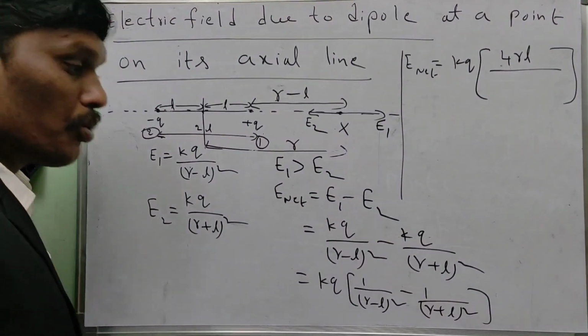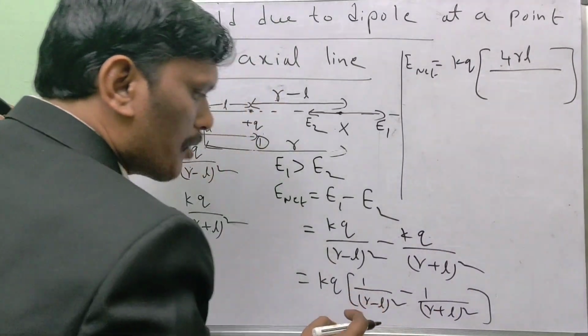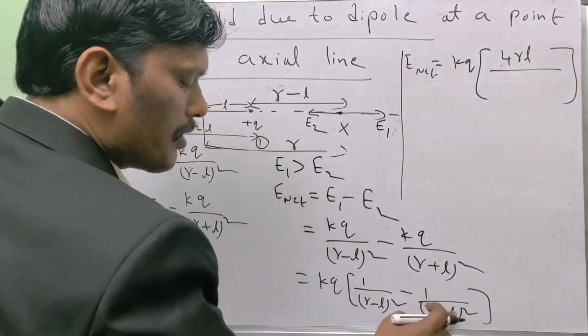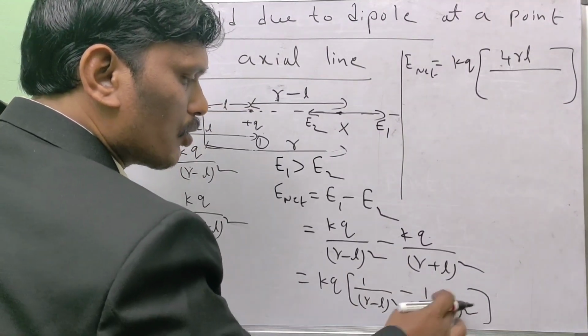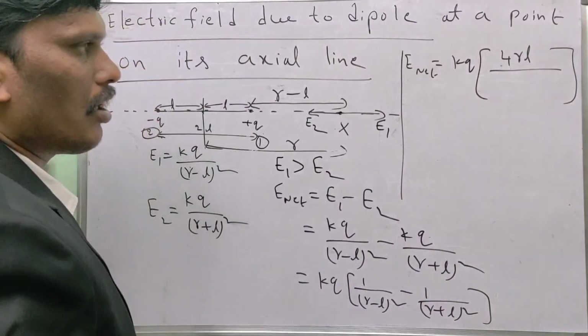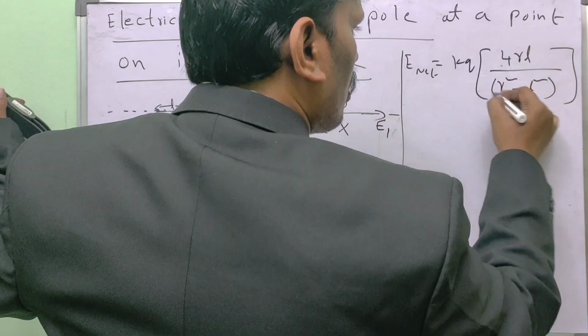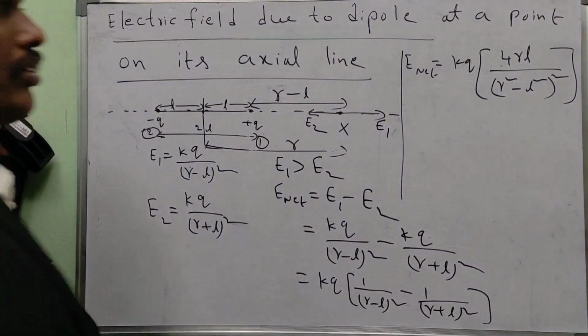No need to do the simplification, don't waste our time. Just write down 4 times RL upon (R minus L) whole square into (R plus L) whole square. So 1 by (R minus L) whole square minus 1 by (R plus L) whole square, how do we get it? 4 times R into L, and in the denominator (R square minus L square) whole square we are going to get.